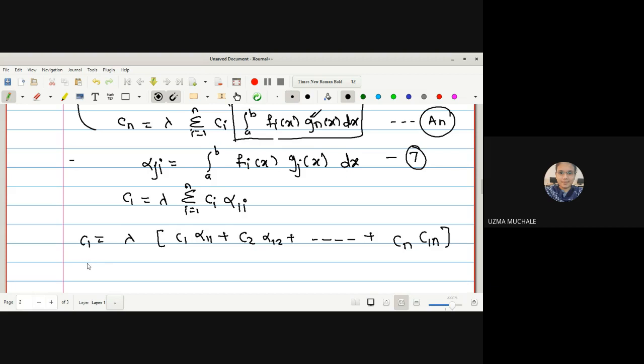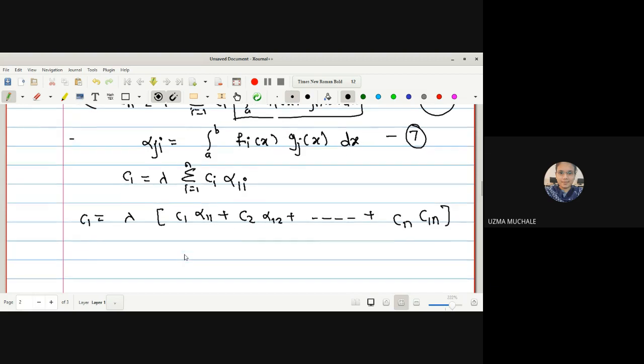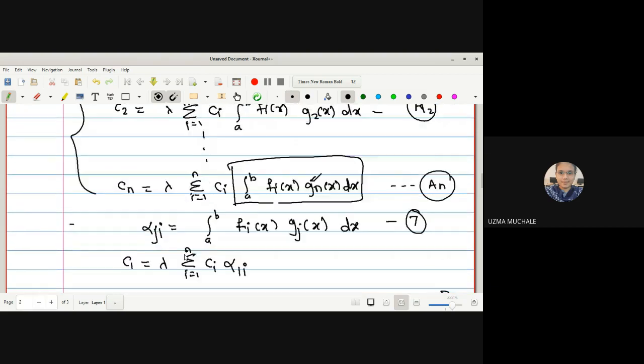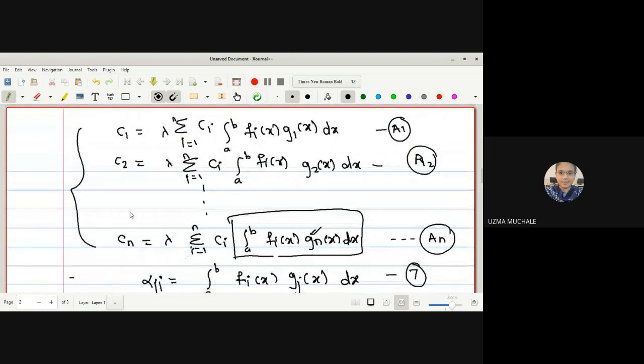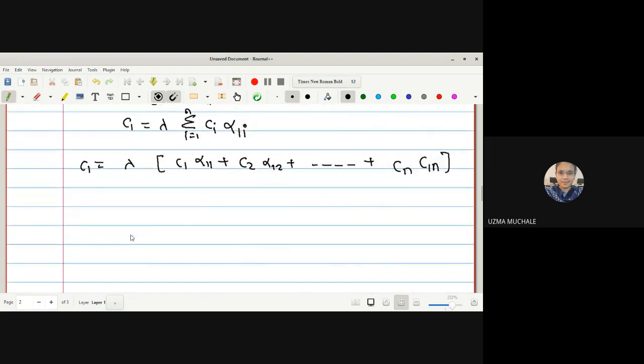Now let me solve this equation, and then we will write down the next equation. First we will solve for c1, and then whatever we get, we will write down similarly for c2, c3, up to cn. So for that, let me write C1 outside.